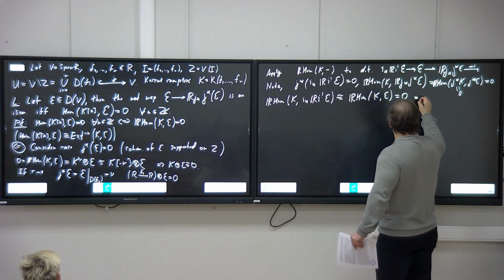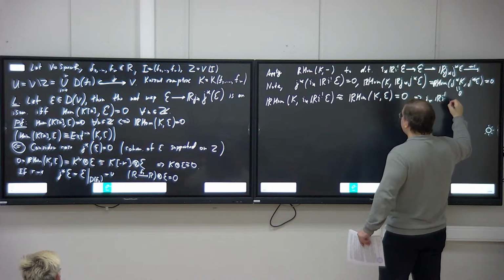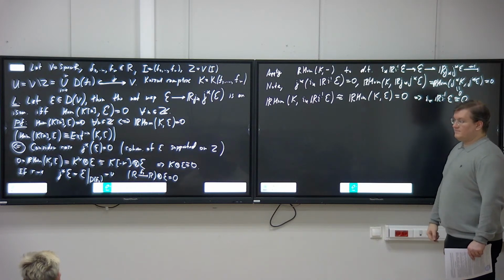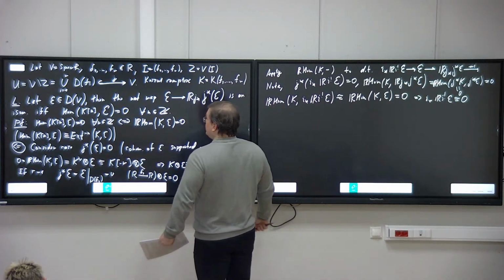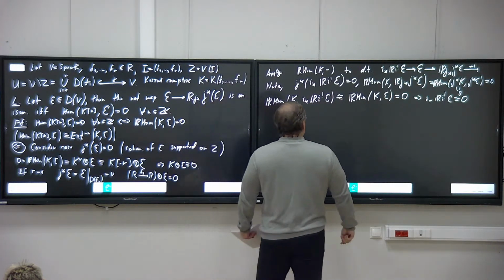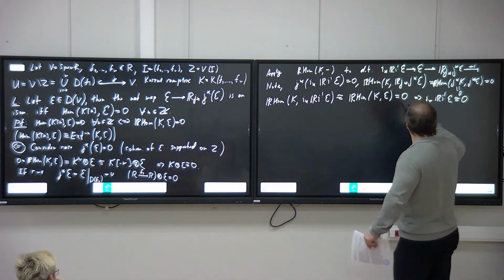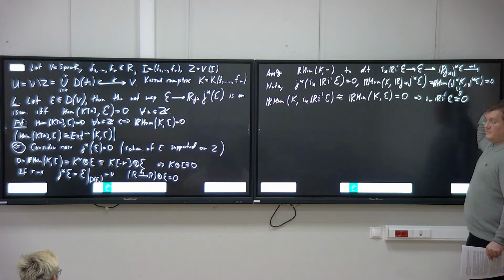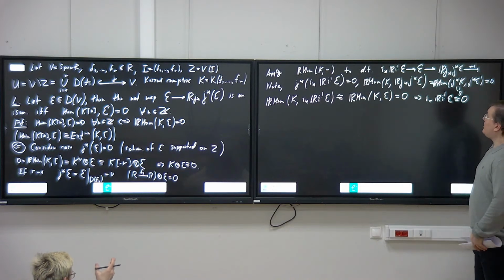So the conclusion is that the i lower star i upper shriek E is isomorphic to 0. Which is what we want, right? Because if this object is 0, then this map that I have in the lemma, which is precisely this map, is an isomorphism.